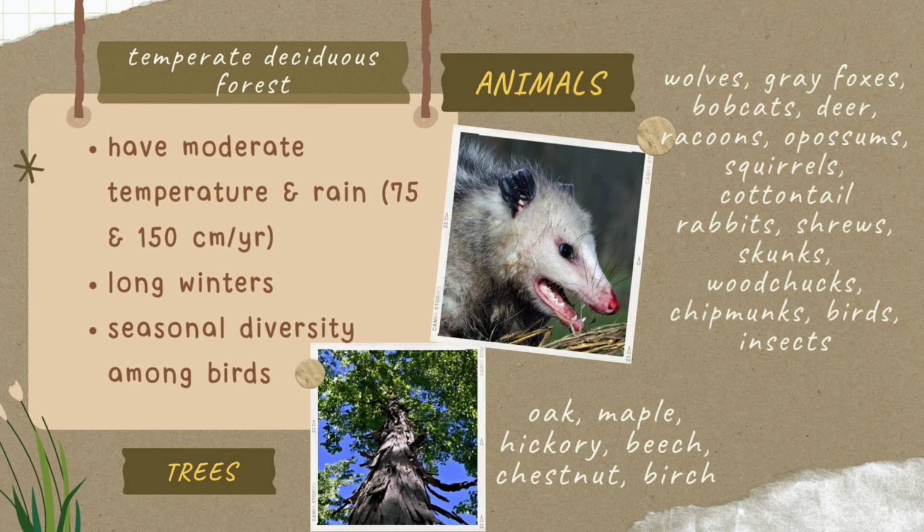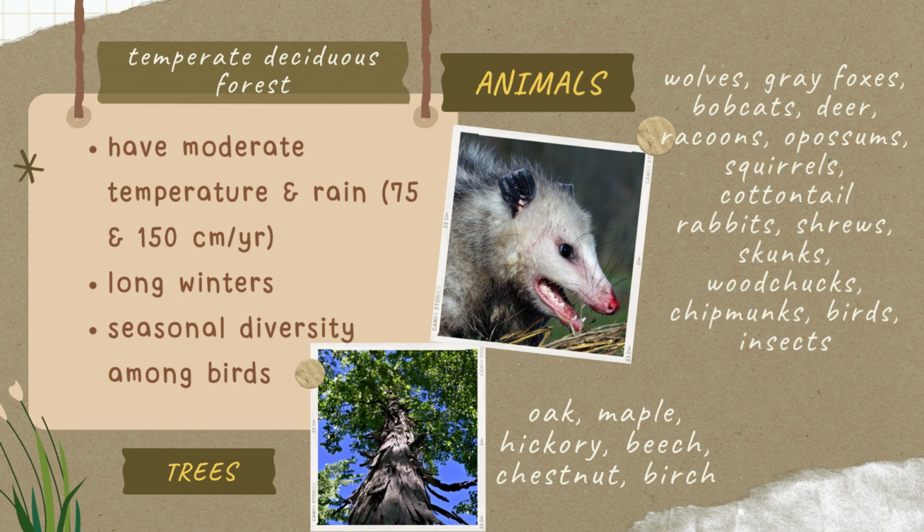temperature, and its rain is around 75 to 150 centimeters a year. So that's way greater than that of the rain experienced by what? By taiga. Though here, winter is still quite long, and we can notice seasonal diversities among birds because, again, like other biomes that we've covered so far, birds here also experience migration as part of their adaptation.